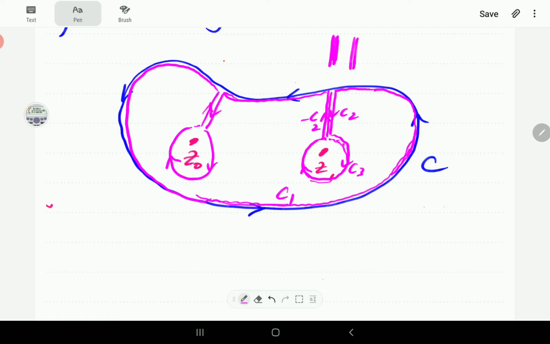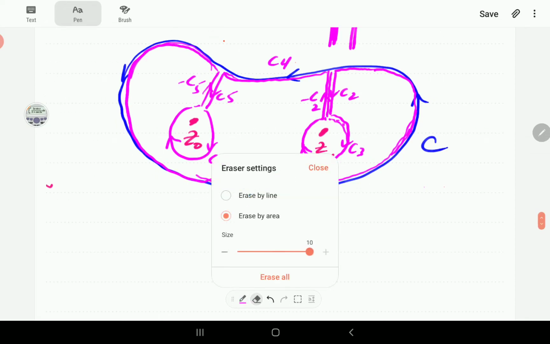So that's going to be minus C2, so this is going to be C4, C5, C6 here, and so going out is minus C5, and then of course this already we have said is C1.